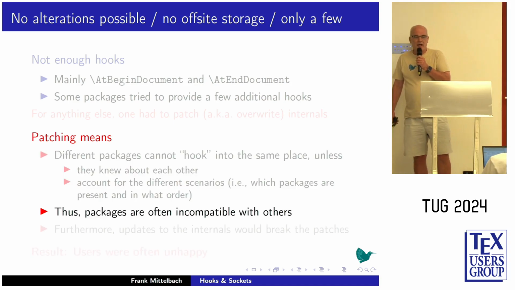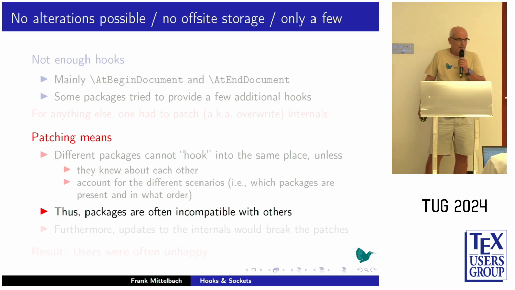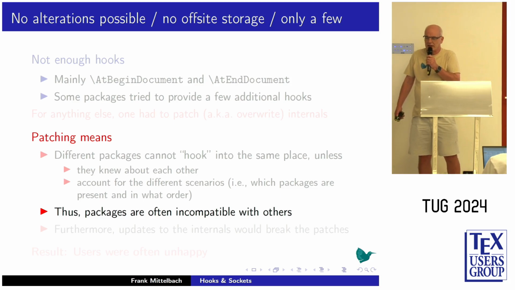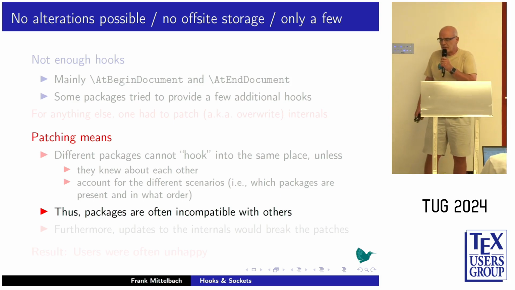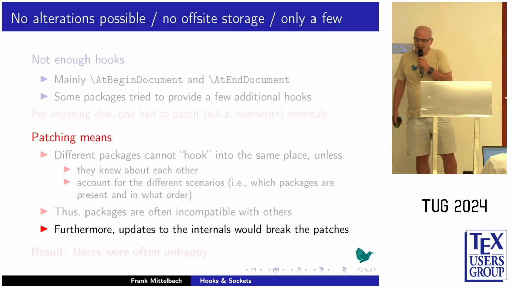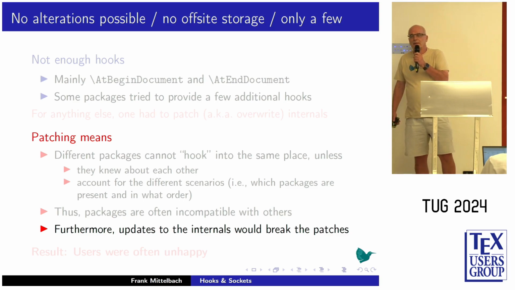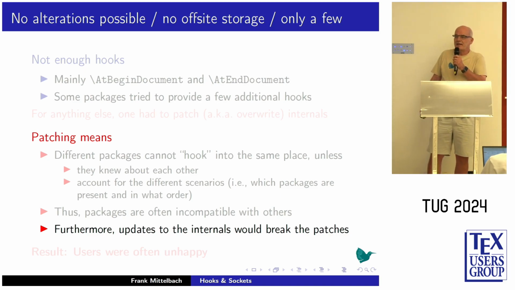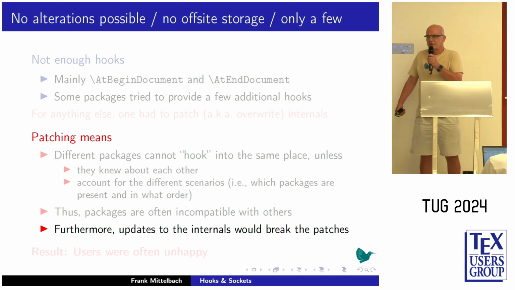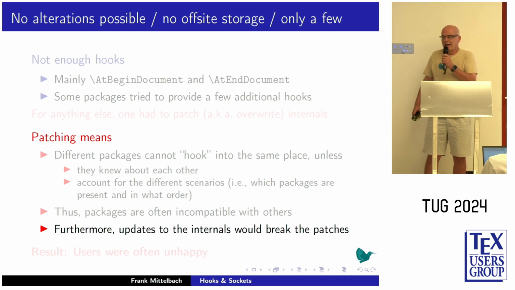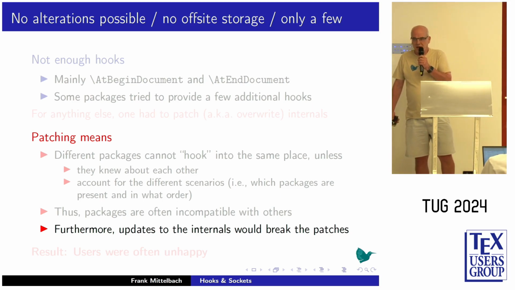So as a result, we have a lot of sort of incompatibilities. Packages can only, one of them can be used, or if they are used only in a special way, together in a special order. And furthermore, whenever a package is changing internals of the LaTeX kernel or internals of another package, any fix, any correction, any extension of this internal command, which was not supposed to be changed elsewhere, is going to break the package that is doing the patching.